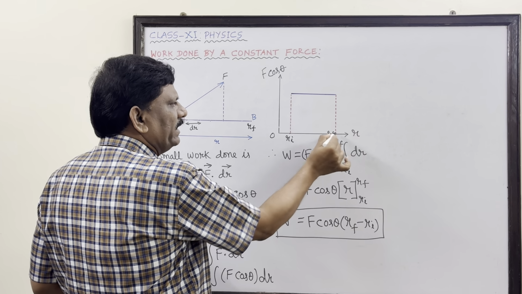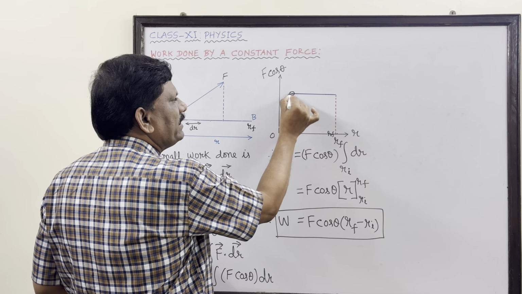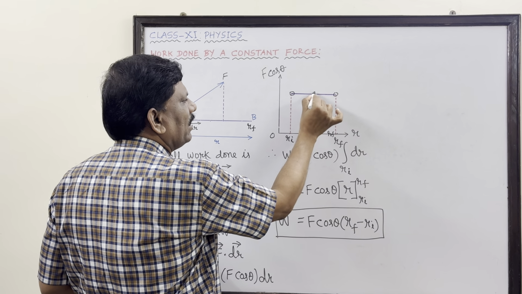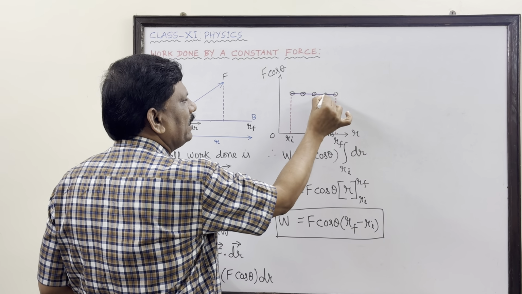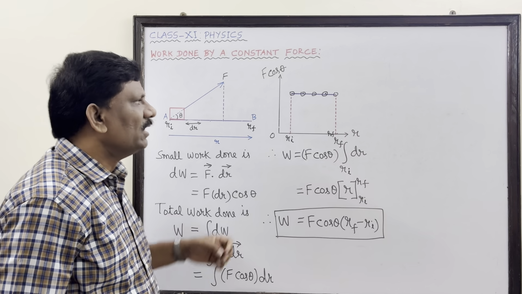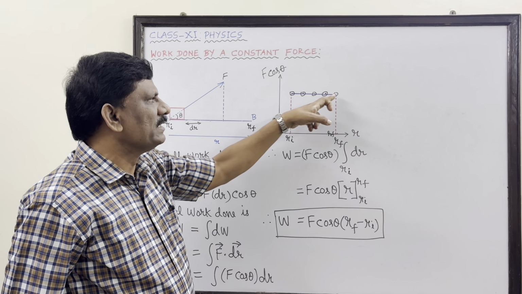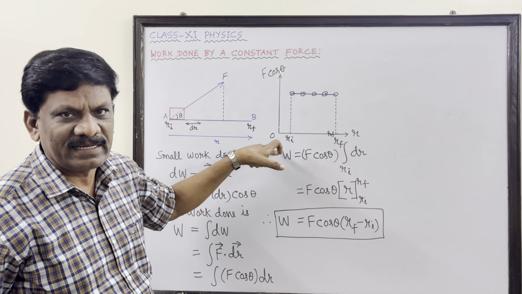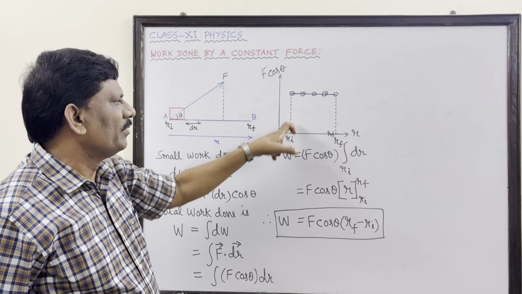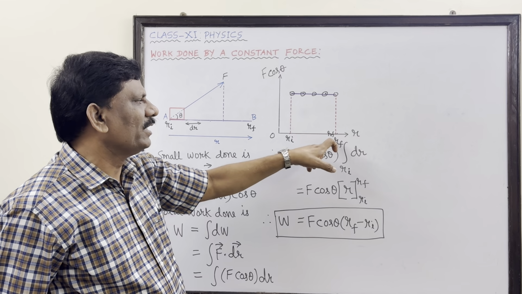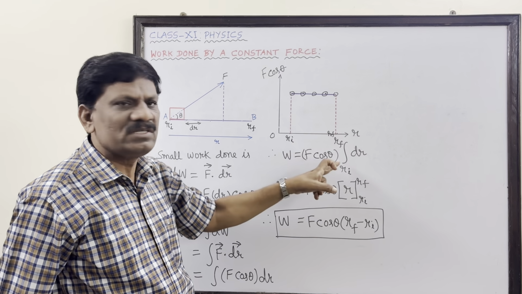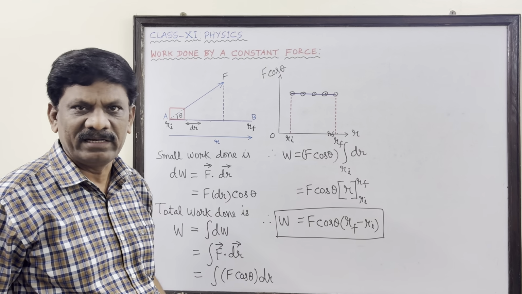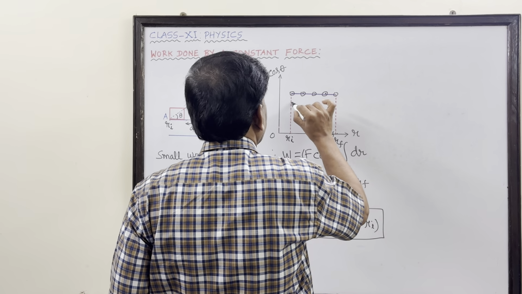So from the initial to the final point, the force F cos theta remains always constant. So at all points, this will be a constant. So if you join all the points, what is the nature of the graph? It is a straight line which is parallel to the x-axis. So project the initial point and the final point on the x-axis, you will get a closed curve like a square or a rectangle, and find the area.